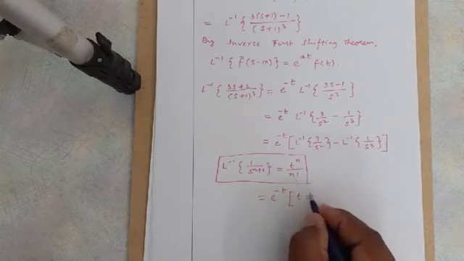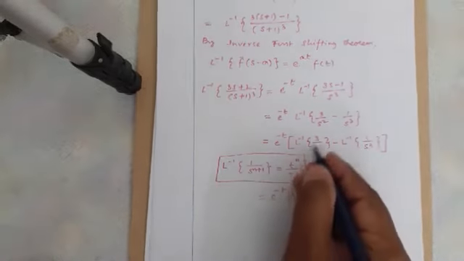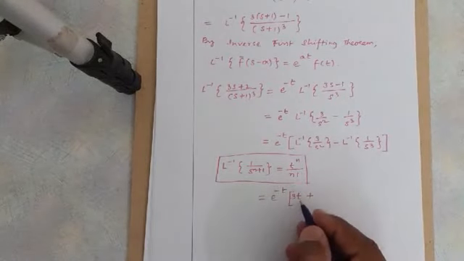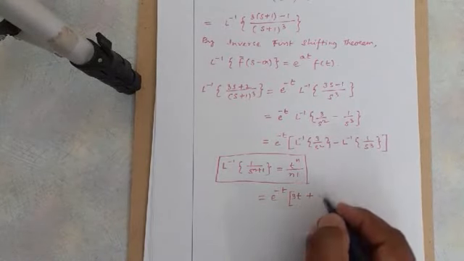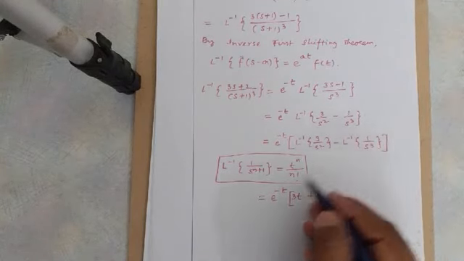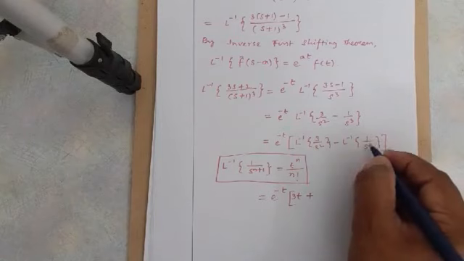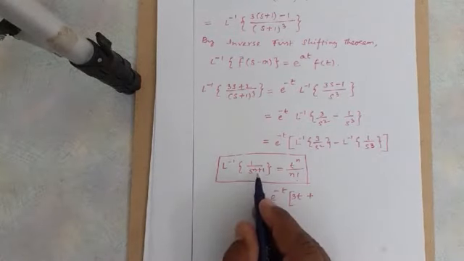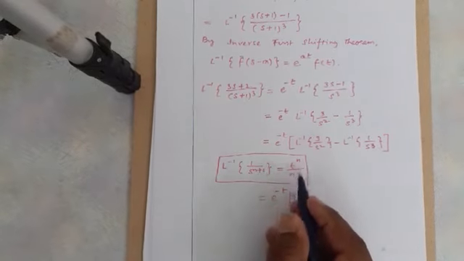Then plus, so 3t, because 3 is outside, L inverse 1 by s square is t power 1 by 1 factorial, plus now here L inverse 1 by s cube we have. S cube, in the sense, here we have to write n as 2 plus 1, because L inverse 1 by s power 2 plus 1 is equal to t square by 2 factorial.